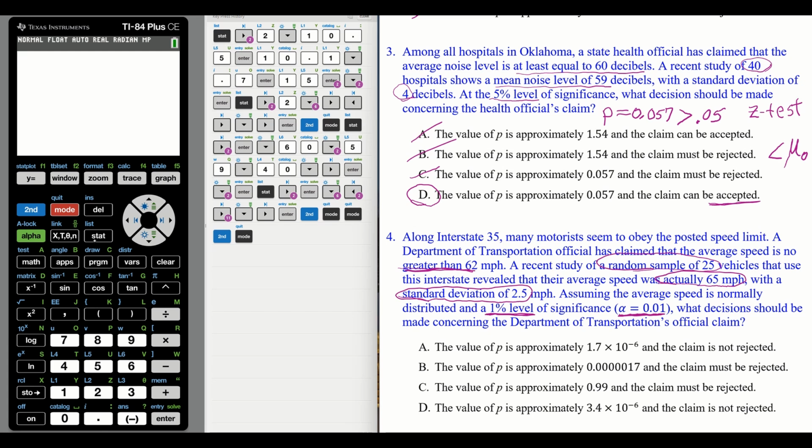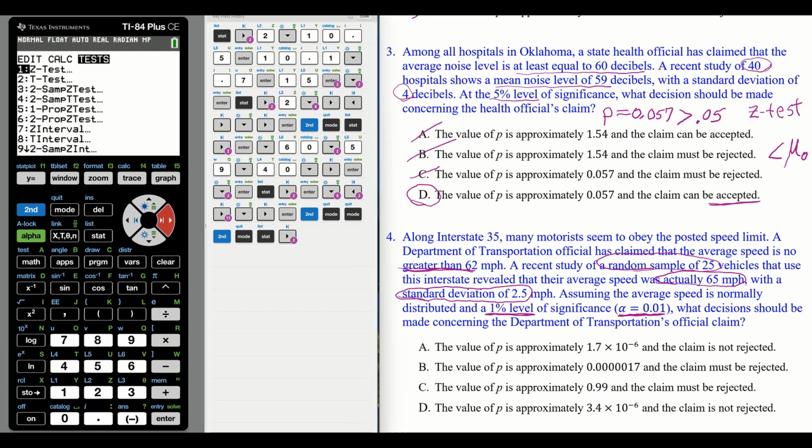Okay. All right, we're going to go stat over. And what kind of test? We need a T test because we only have 25 cars. I think that's why they're making their claim there. Okay, let's do two. We have our stat chosen. All right, our original is 62.